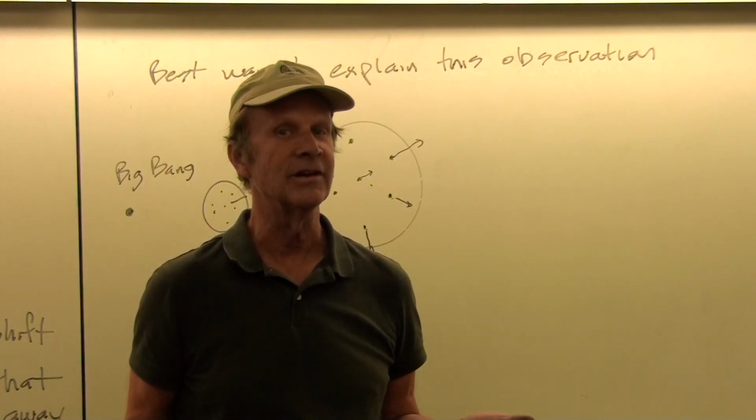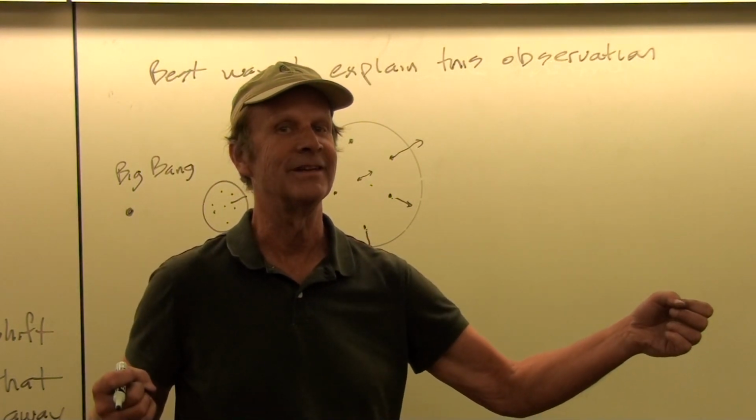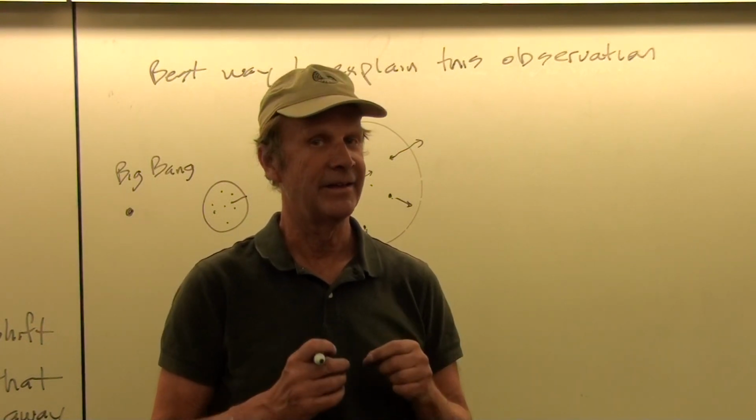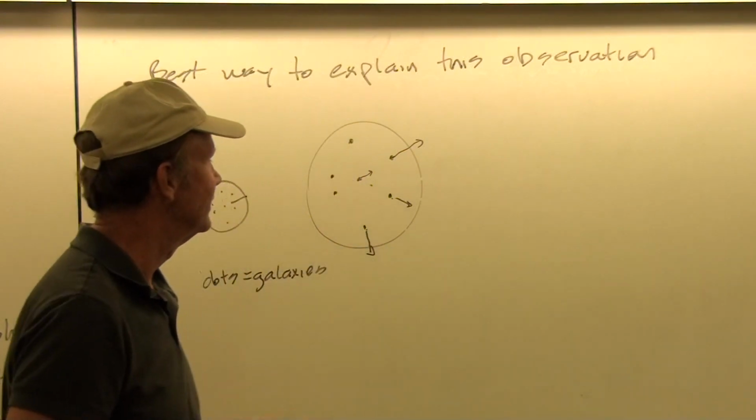but the farther away raisins are moving away faster because there's more cake between a more distant raisin and you than there is a less distant raisin.